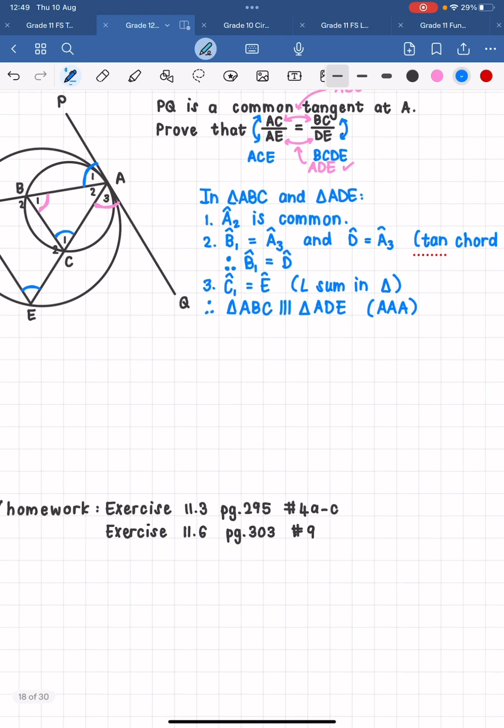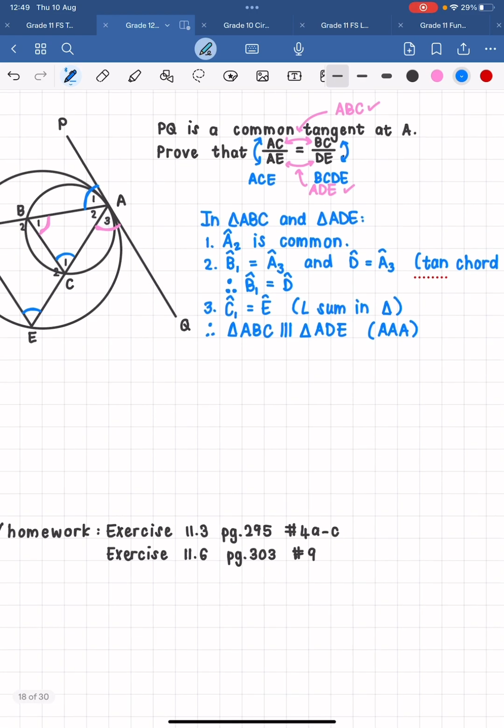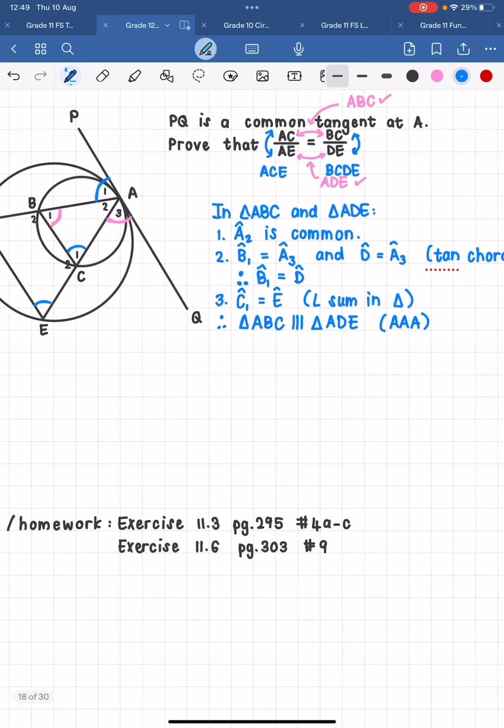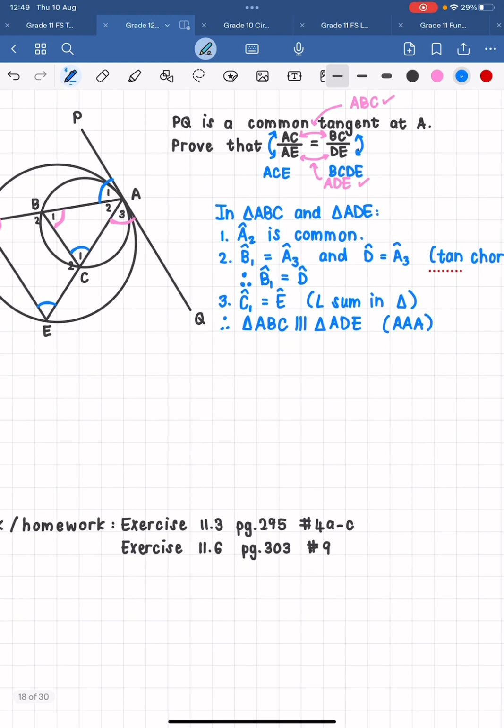And now we need to get to the fraction that they asked us to prove. Now guys, let's look at the first half. The first half of that fraction is AC over AE. Can I get that from my similarity statement? AC over AE, right? So now I'm just going to say, therefore, AC over AE is equal to, what was the second fraction?